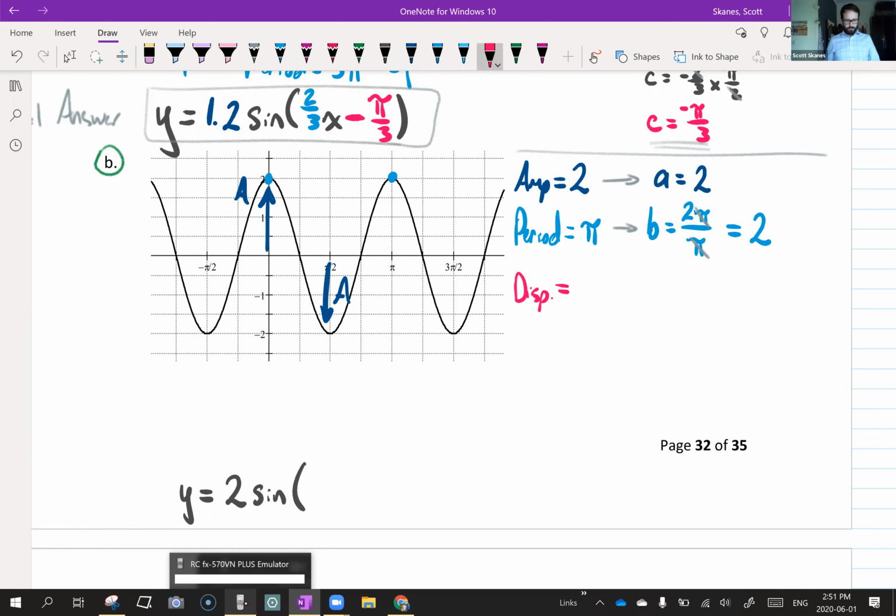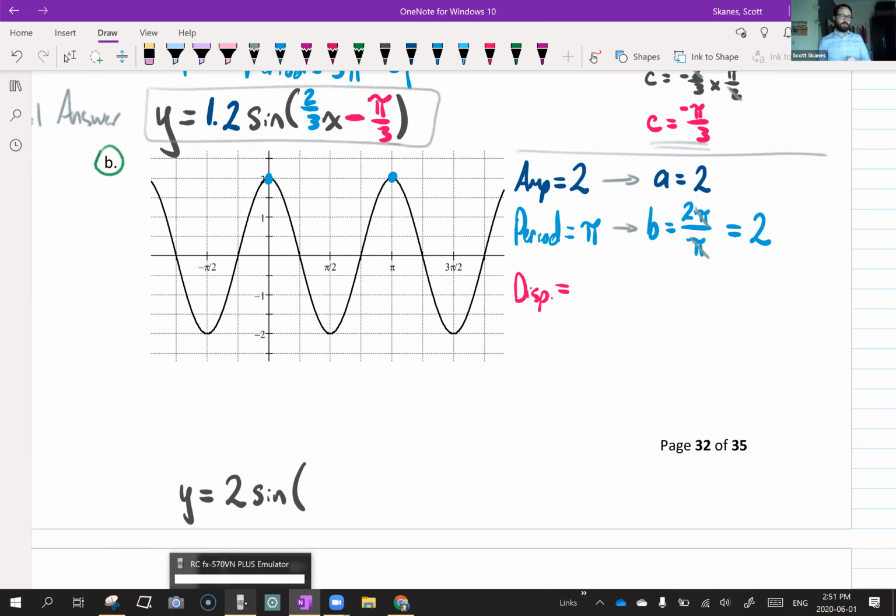The displacement is the trickiest one here. It's okay, Juma. No problem. Let me get rid of the amplitude here, because it's pretty clear what that is. Almost.